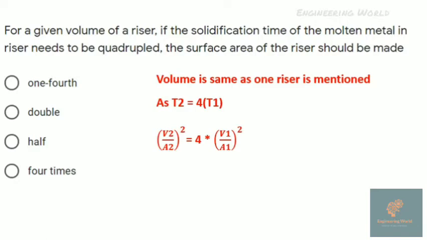We know that T is equal to some constant C into (V by A) square. So by given condition, V2 by A2 square is equal to 4 times V1 upon A1 square. So (A2 upon A1) square is equal to 1 by 4. So A2 is equal to A1 by 2, that is, answer is half.